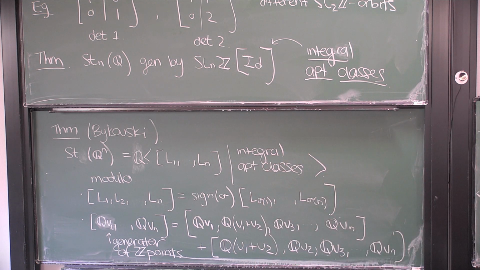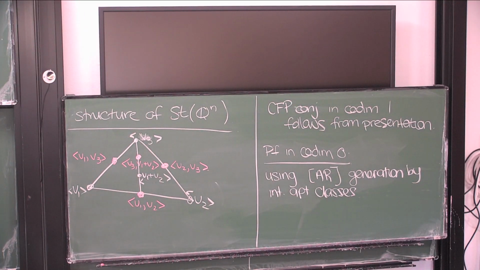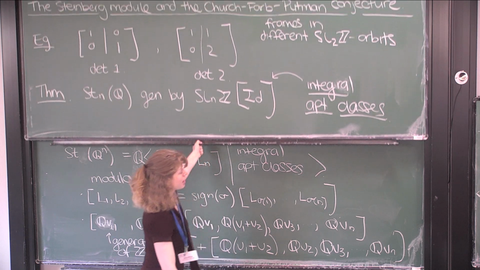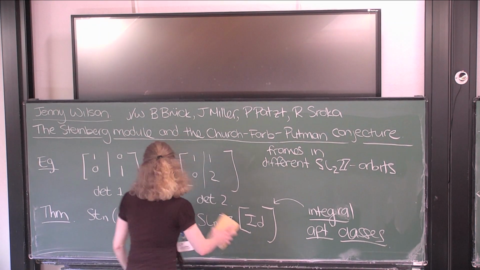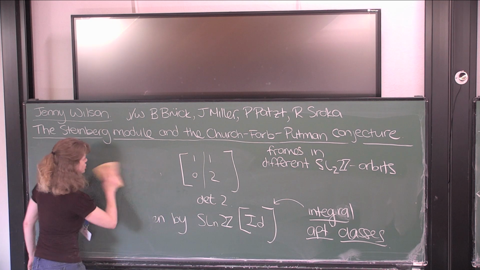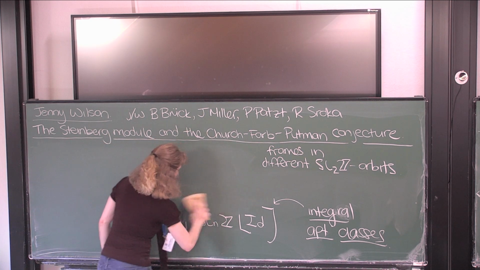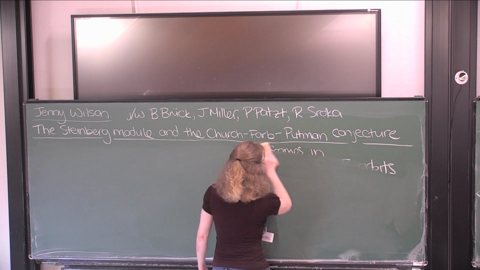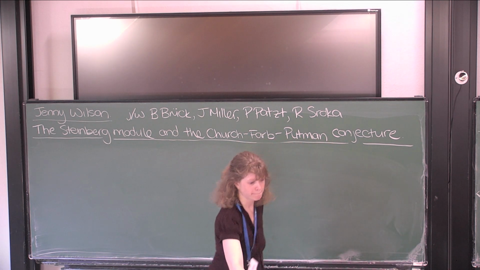So we were going to check the proof of the Church-Farb-Putman conjecture, the vanishing of the top degree homology groups of these SL_n(Z) groups in the top degree using generation by integral apartment classes. Okay.